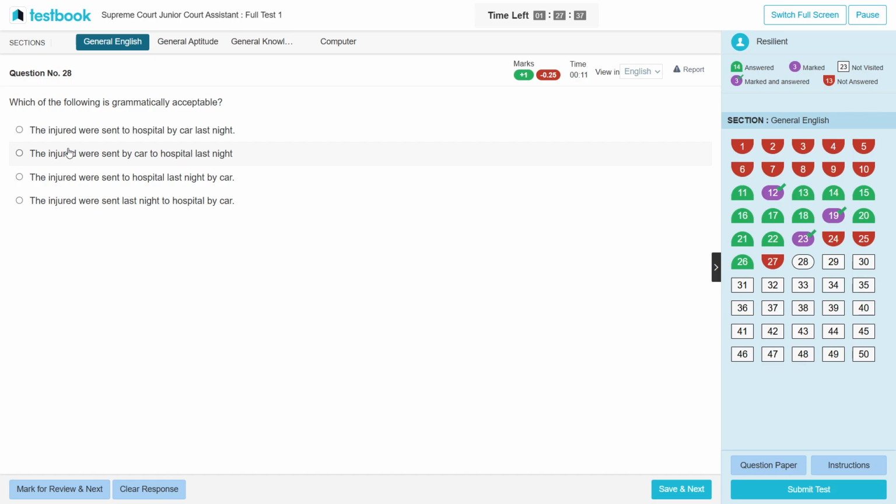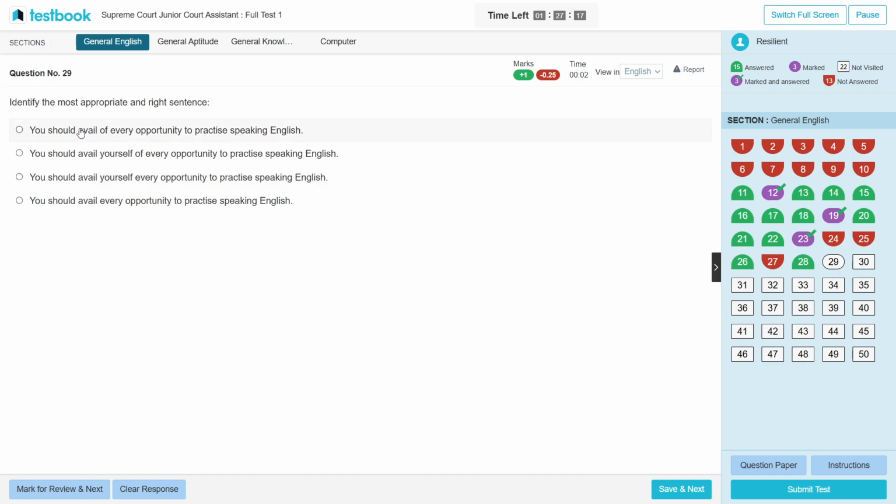The injured were sent by car was sent to hospital by car last night. Identify the most important action you should avail.